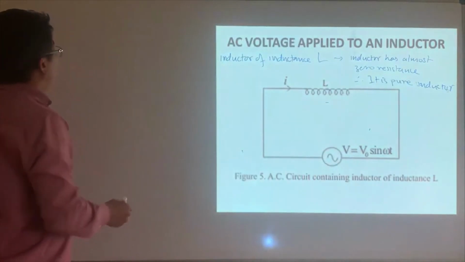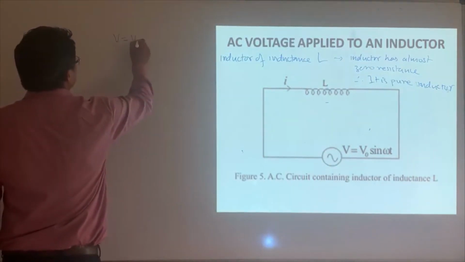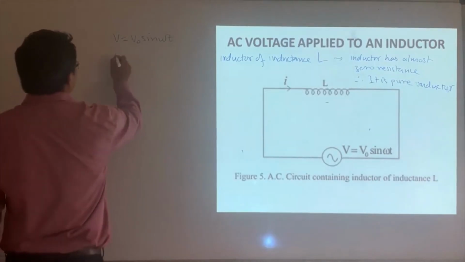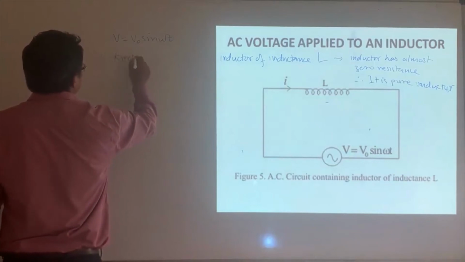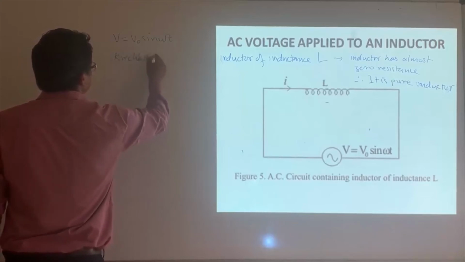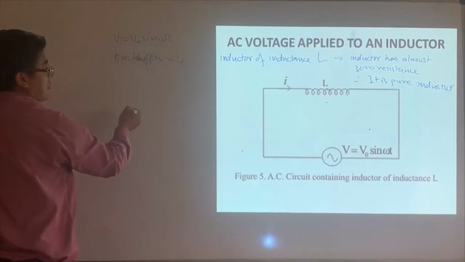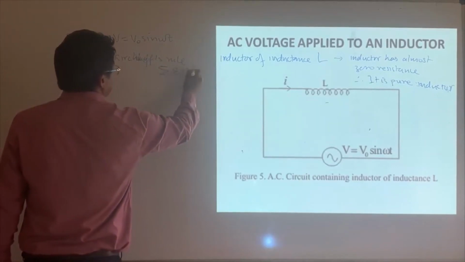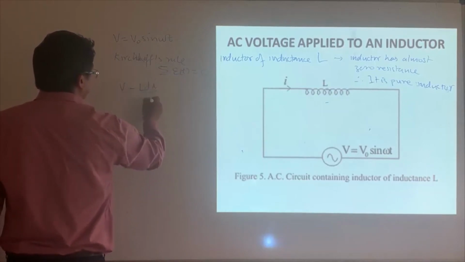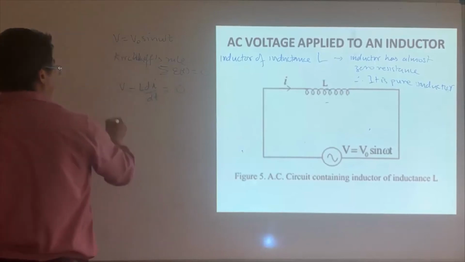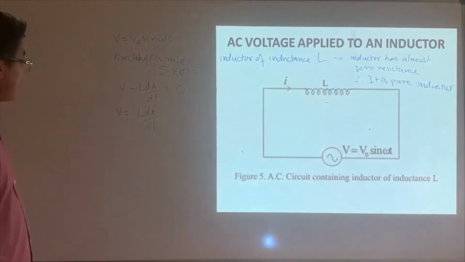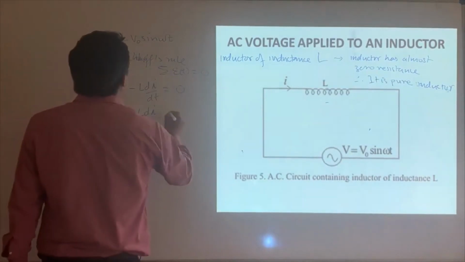And this is the input voltage, the voltage you are going to supply. And again, I'm using Kirchhoff's rule. So that is 0, equal to V minus L di by dt equal to 0, and V is equal to L di by dt. Now what is V?